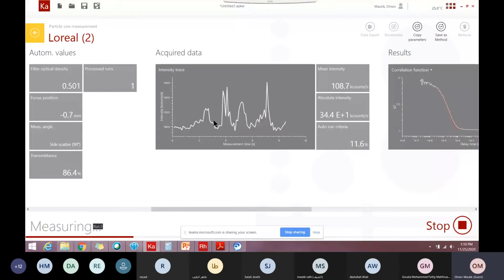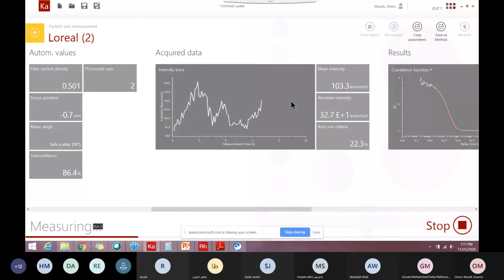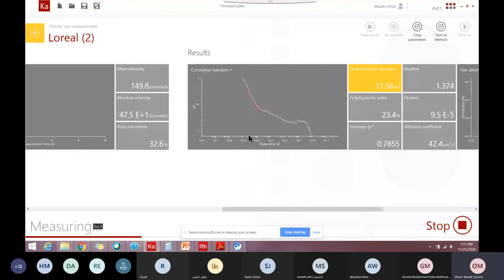Smaller the particle, faster would be the fluctuation. Bigger the particle, slower would be the fluctuation. From this scattering data, we basically have a correlation function, and this correlation function is then converted into the hydrodynamic diameter as well as the polydispersity index.